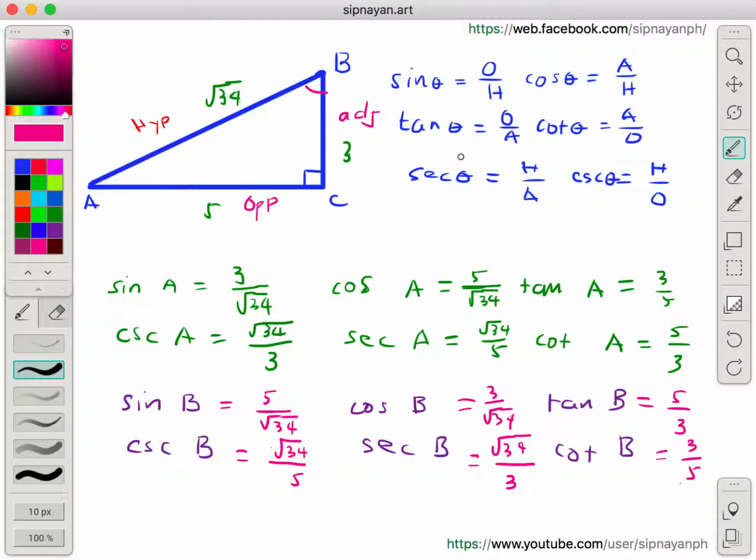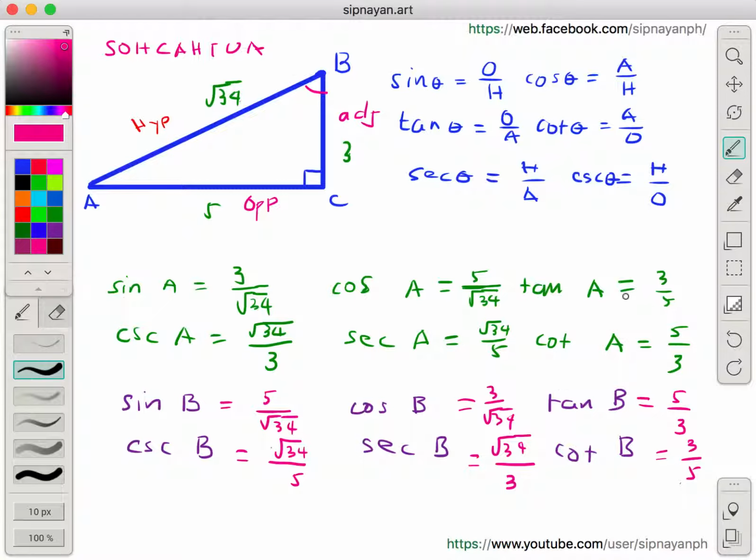Kung napanood nyo yung previous video, sabi natin yung acronym na SOHCAHTOA ay makakatulong kasi sine is equal to opposite over hypotenuse, cosine is equal to adjacent over hypotenuse, and tangent is opposite over adjacent. Tapos, yung sine, ang inverse niya ay cosecant, yung cosine, ang inverse niya ay secant, at yung tangent, inverse niya ay cotangent.